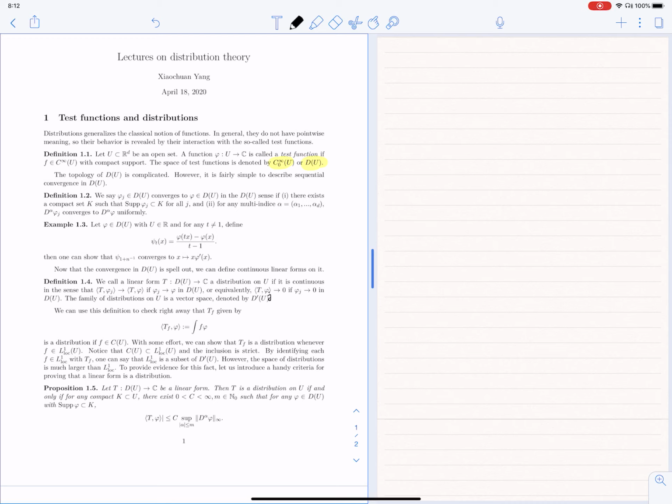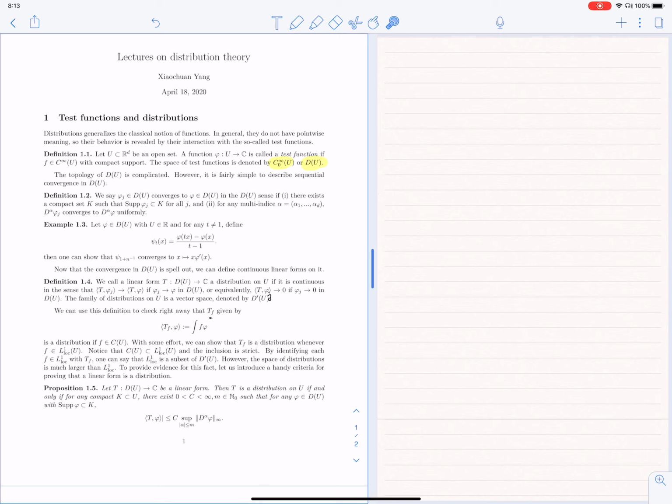With this definition, you can check right away that a distribution is associated with a function. So this little f is a function defined in such a way. This gives us a linear form, and we can check that this linear form is actually a distribution in the sense of Definition 1.4.